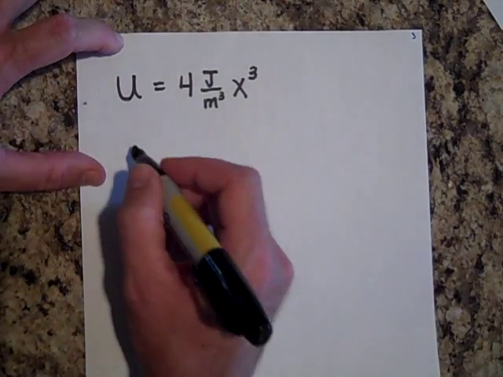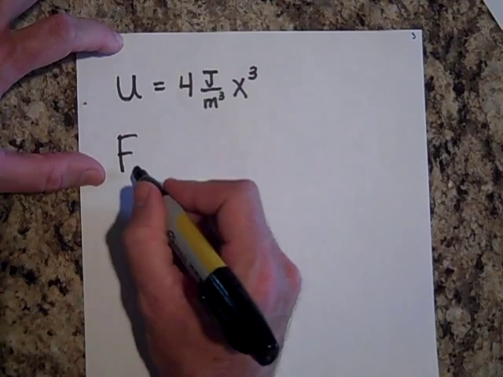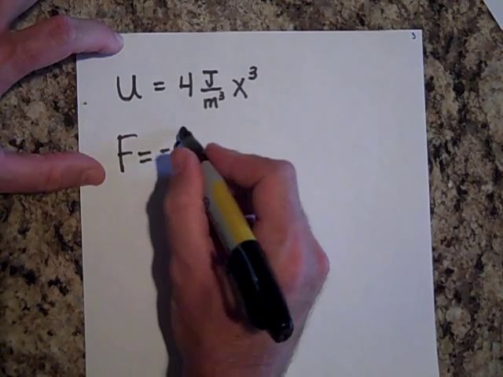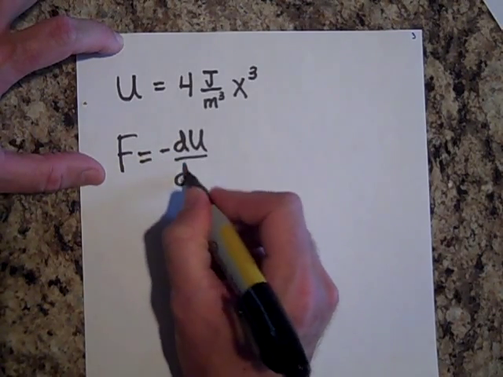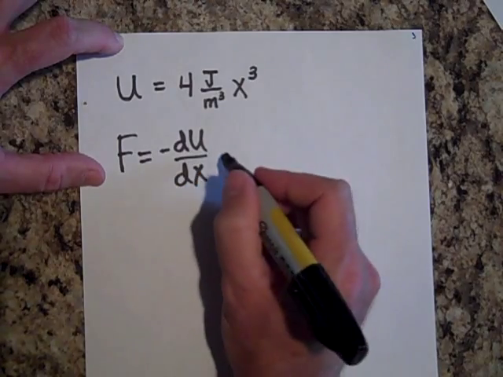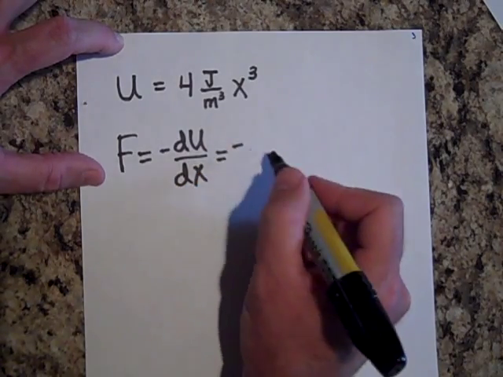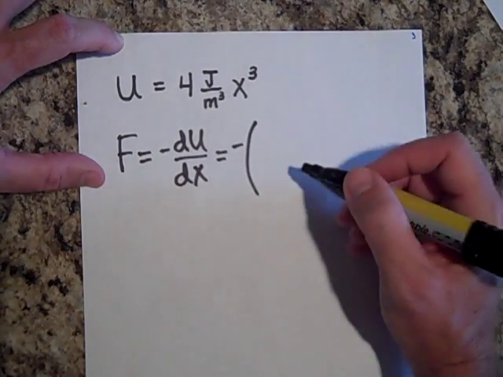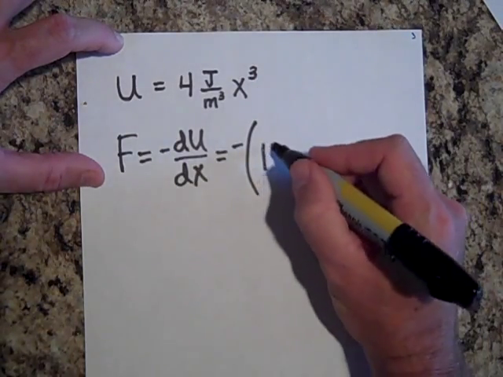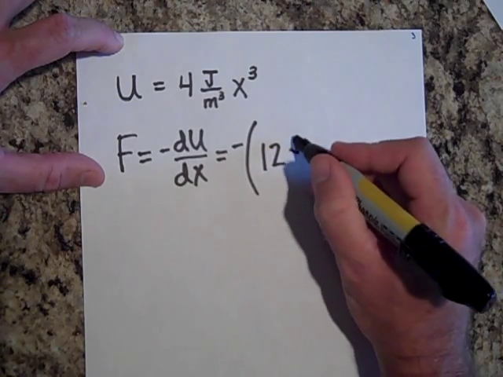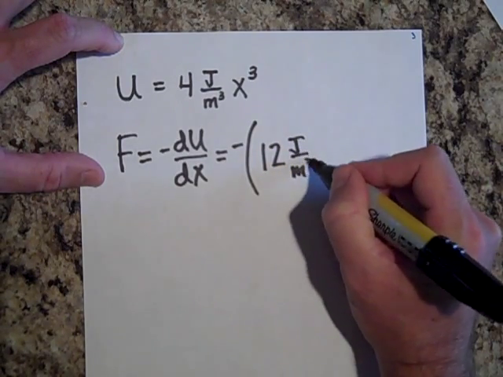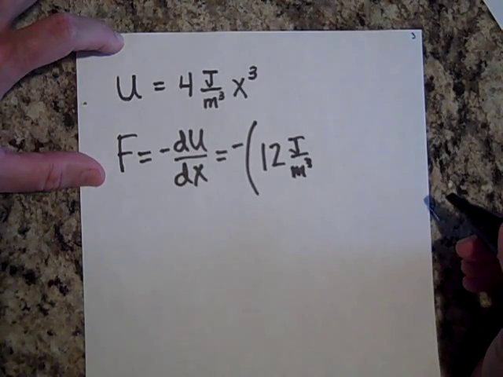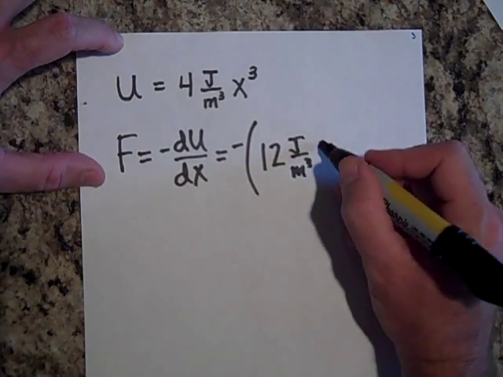Okay, we're back. The force is going to be equal to the negative derivative of U with respect to x. So if I take the negative derivative, I'll put a negative there so I don't forget it. Now I take the derivative of this, it's going to be 12 joules per meter cubed times x squared. The units just stay the same always.